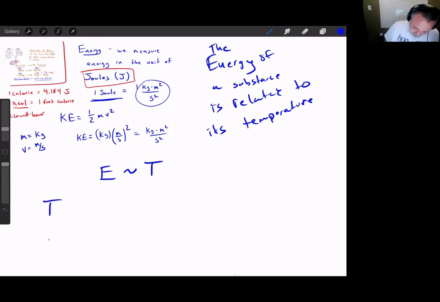And there's two ways that we measure temperature in science. Now, the way that we measure it in normal, everyday experiences is that we measure it in Fahrenheit.